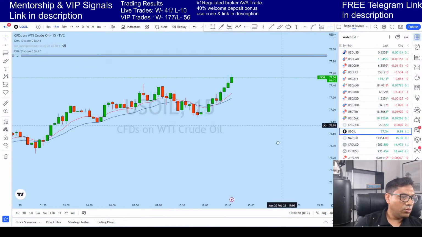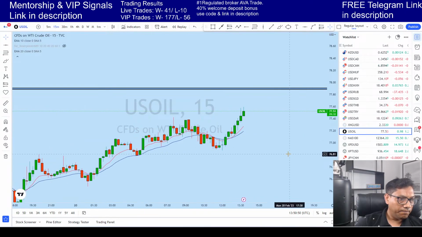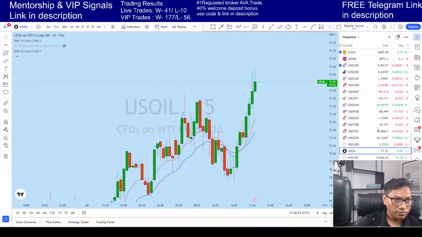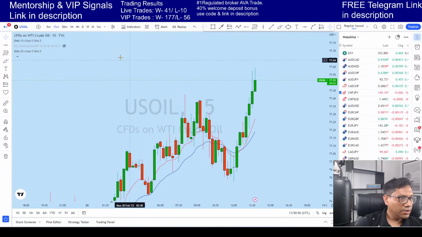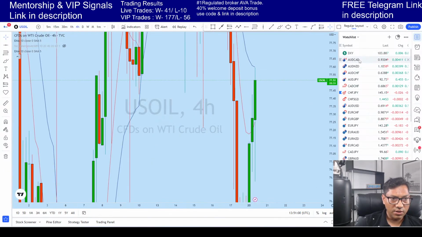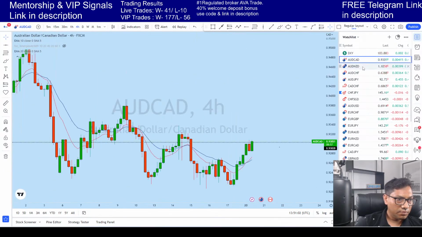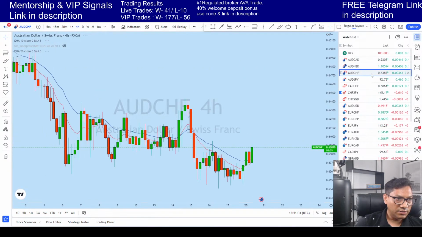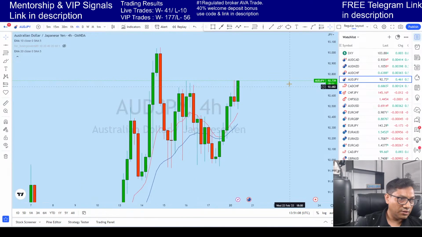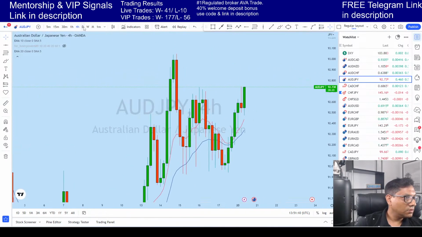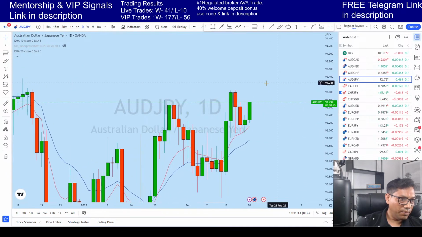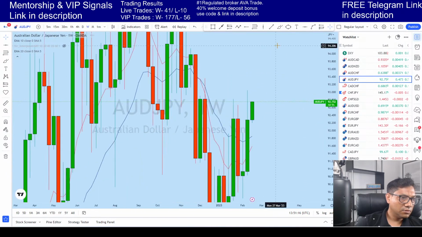Okay, we see US oil, let me look. We'll see a candle close coming up. Aussie CAD. I see that Aussie yen, there is significant movement that may happen with Aussie yen.